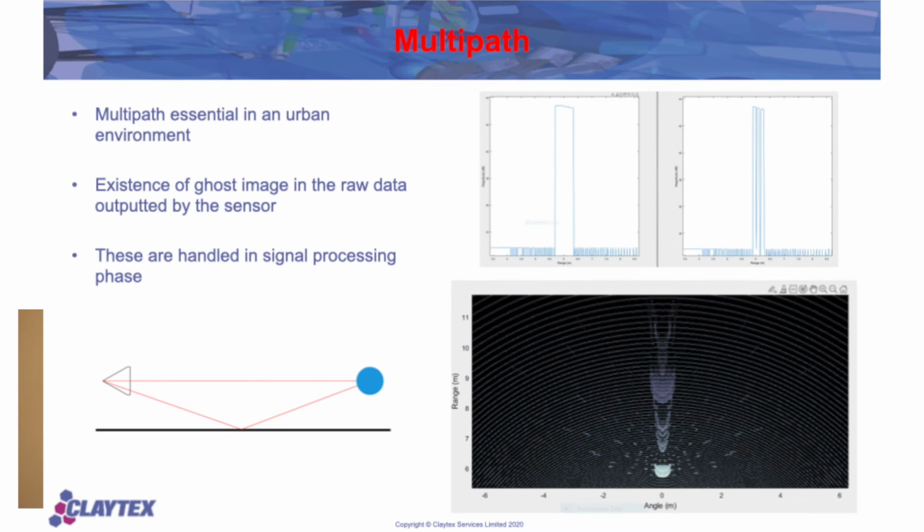Going back to multipath that I mentioned at the beginning, as my colleague said, multipath are due to the different paths taken by the ray in our case, and it creates ghost targets. On the top here, it's not really realistic, it's just for the sake of showing it. On the right you can see the three spheres.